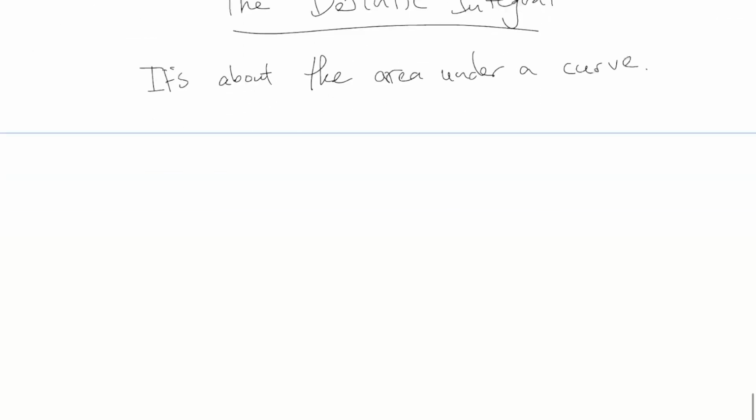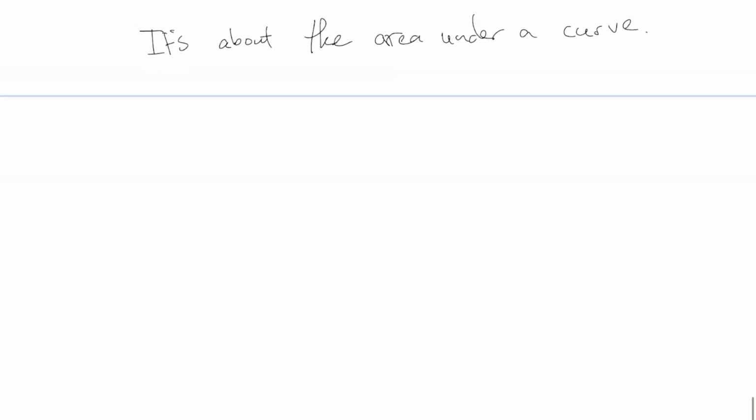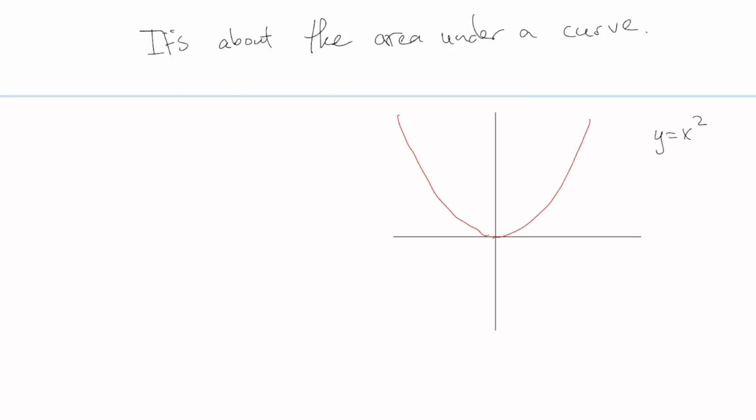The area under a curve is something that people care about. I don't know if this seems obviously useful, but what I'm talking about is if I have a function given by some curve, let's say y equals x squared, just because that's a pretty familiar function. The graph, of course, looks like a parabola. And I could ask you, what is the area under this curve? Let's just say from 0 to 1.